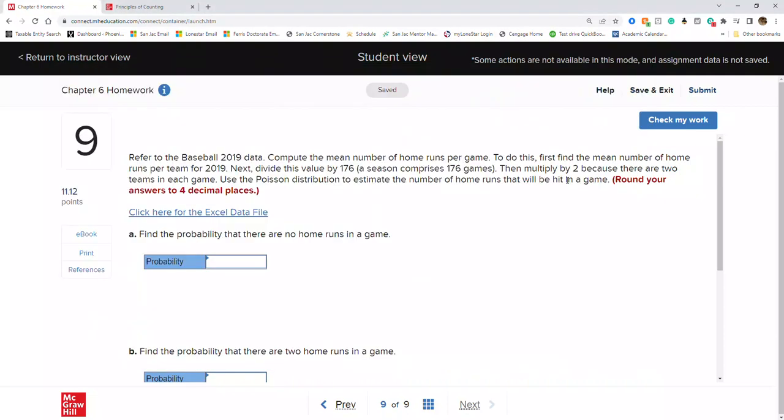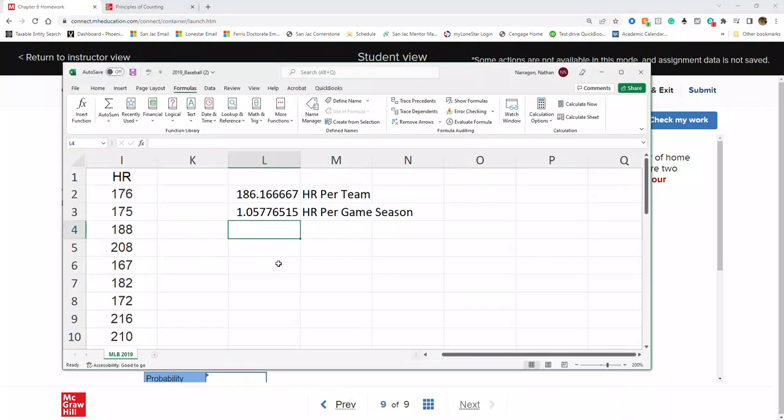And then we keep looking, and it does tell us one more thing. Then multiply by 2 because there are 2 teams in each game. Okay, so this is going to equal now to this times 2.